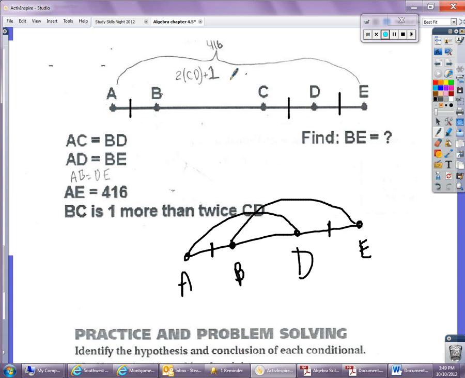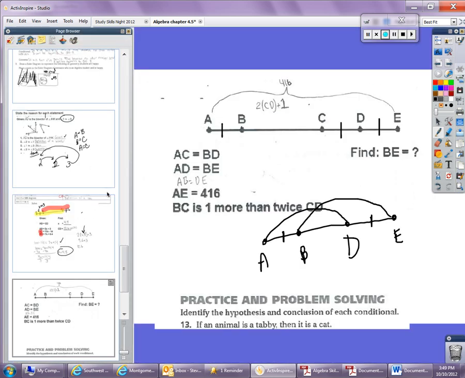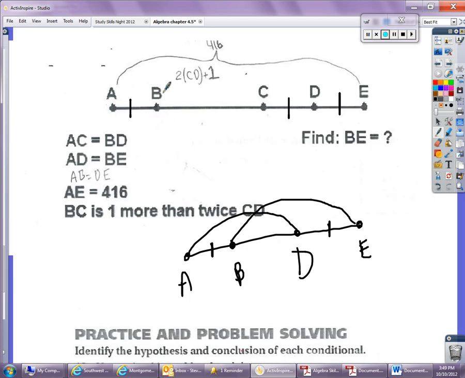So now we know that all of these are congruent, and the information it gives us is that BC is one more than twice CD. Well, I don't know anything about CD, so in algebra last year we learned that if we don't know anything about it, we're going to give it an x. Well, the cool thing is if this is x, that means that's x, and that means that is also x. So they're all equal. And instead of saying 2 times CD, I can call BC 2 times x plus 1. And then it gives us that the whole thing is 416.